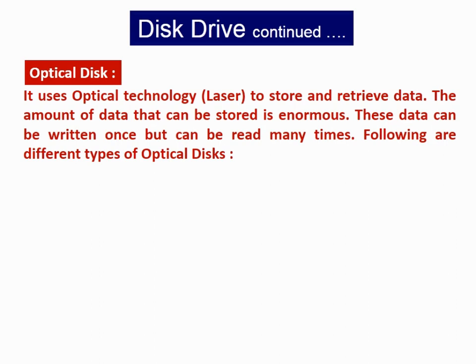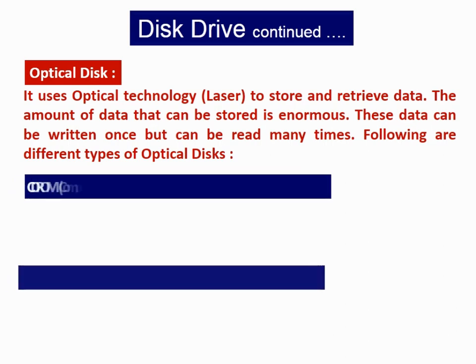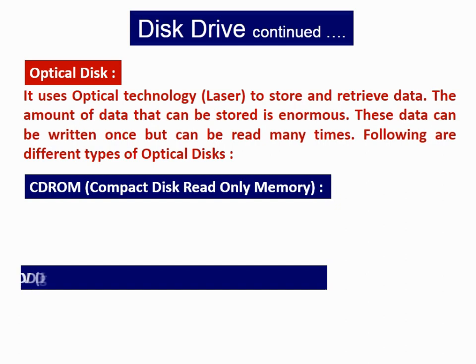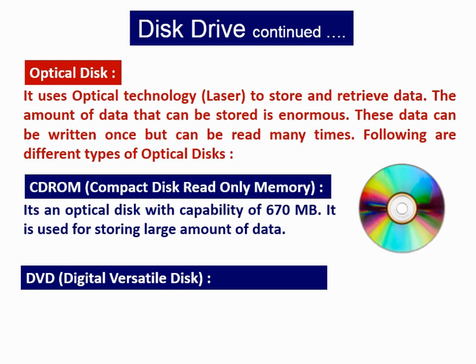Nowadays we have readable and writable optical disks also, but that is again not part of our syllabus right now. Now I have given you some types of optical disk here. Very well known: CD-ROM, compact disk read-only memory, and DVD, digital versatile disk. CD-ROMs use optical technology, have a capacity of 670 megabytes, and are used for storing large amounts of data.